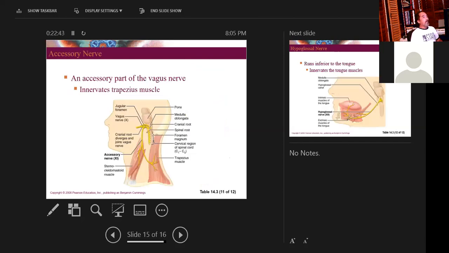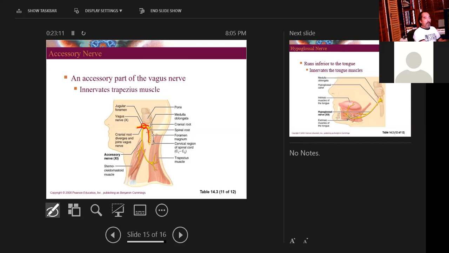Okay. 11, your accessory nerve. Your accessory nerve passes out from the jugular foramen again. But remember, the reason why we call it the accessory nerve is because it has some spinal nerve contributing to that nerve, and also cranial nerve 10 contributes to that nerve. That's the reason why we call it the accessory part of the vagus nerve.